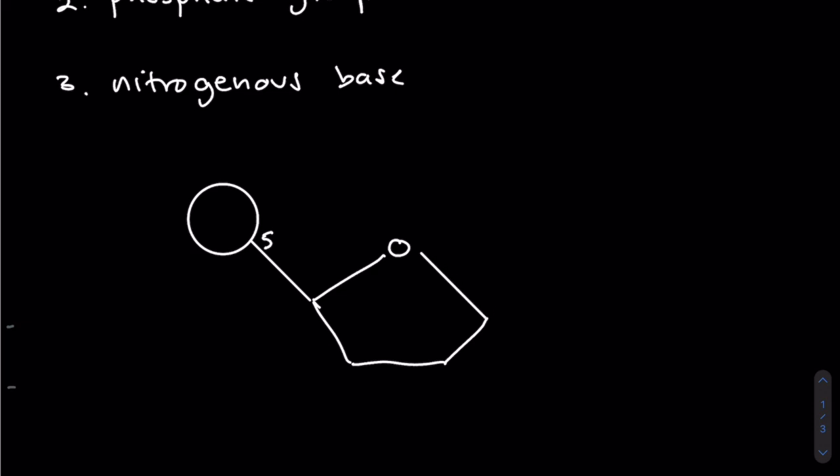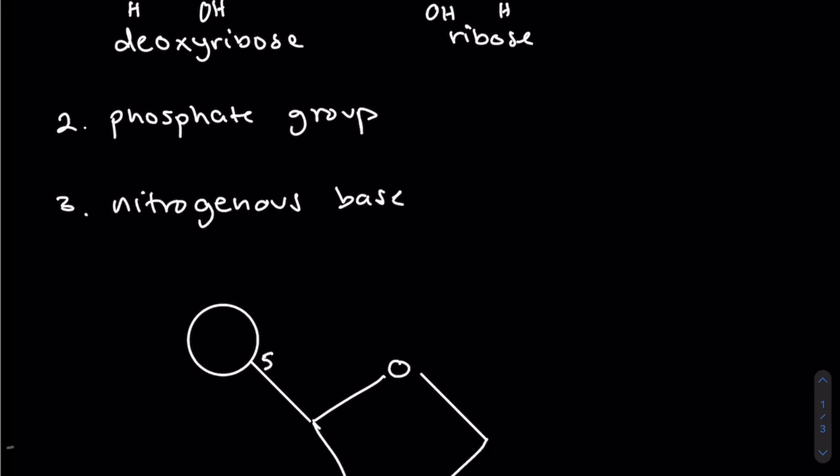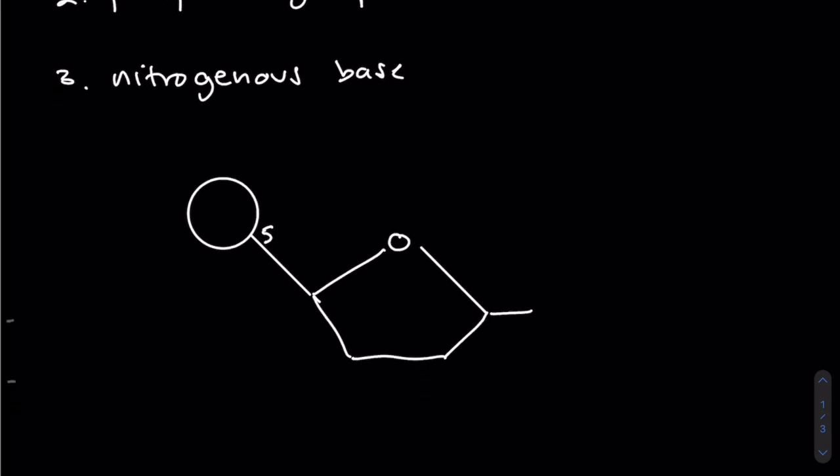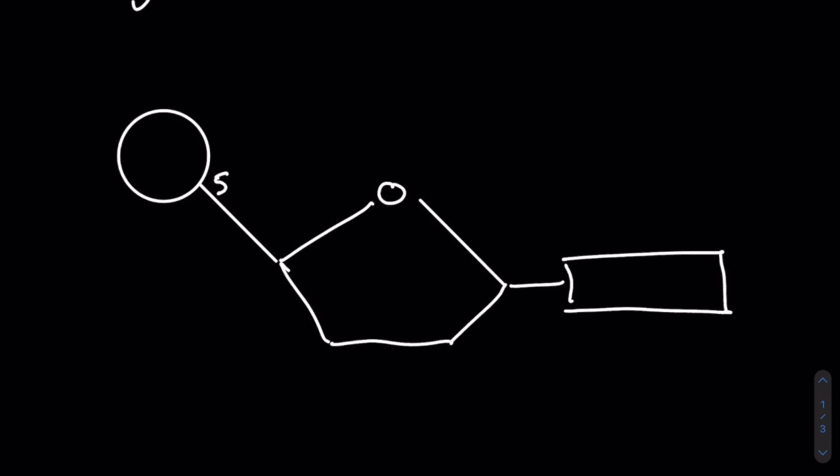Then we have the pentose sugar to represent either deoxyribose or ribose, which is attached to a rectangle, which represents the nitrogenous base. And this is attached to the 1' carbon.